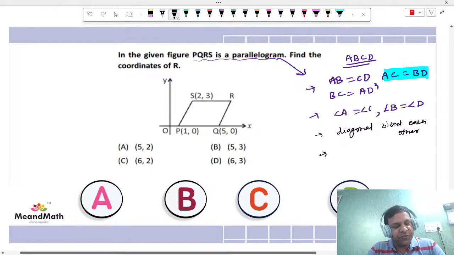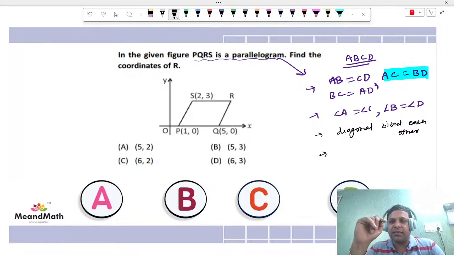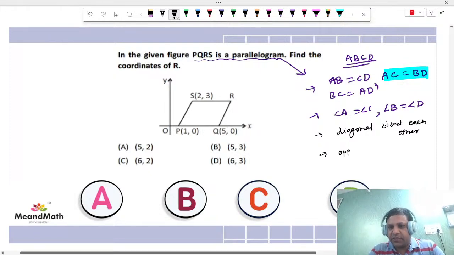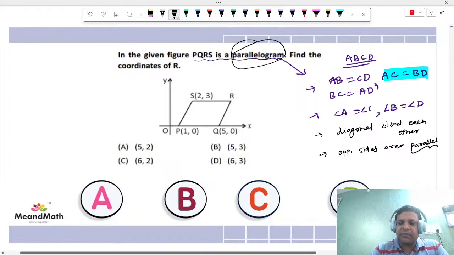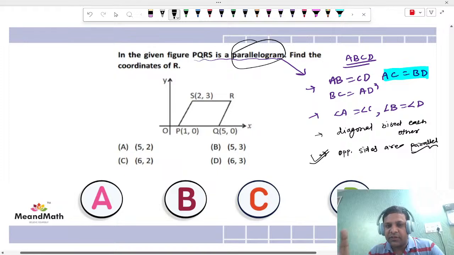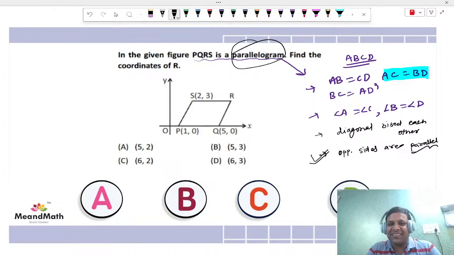At right angle? No, not right angle. If the diagonals bisect at right angle, then it becomes a rhombus. Okay. Opposite sides are parallel. The name parallelogram is based on this. Because the definition says... the definition of parallelogram is not that opposite sides are equal. Whenever you are asked what is the definition of parallelogram, we generally say that in a parallelogram opposite sides are equal and opposite angles are equal.